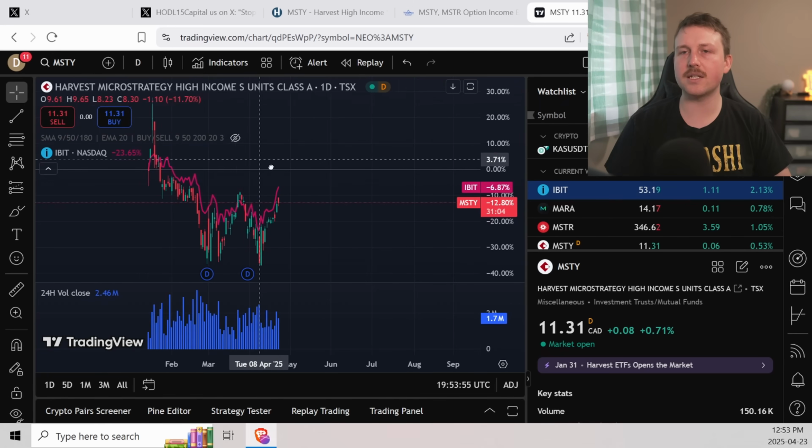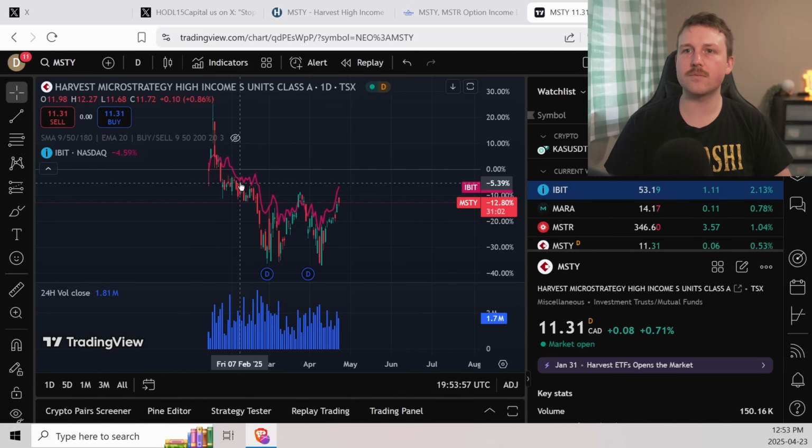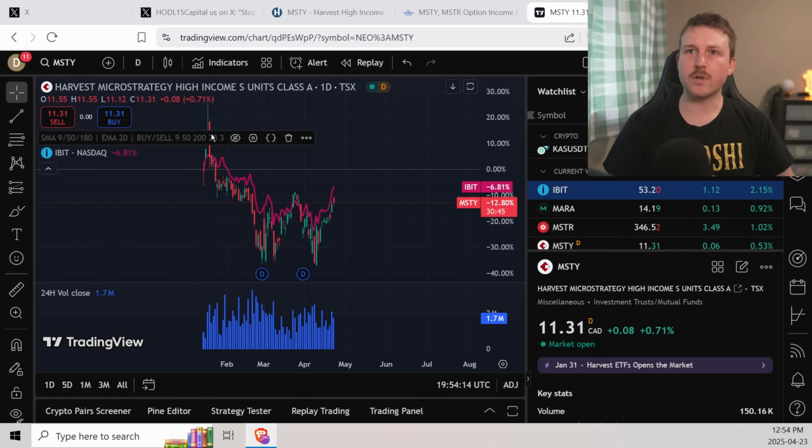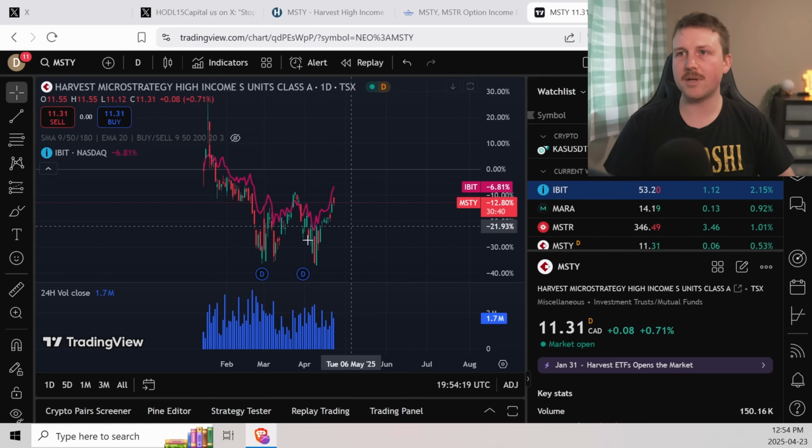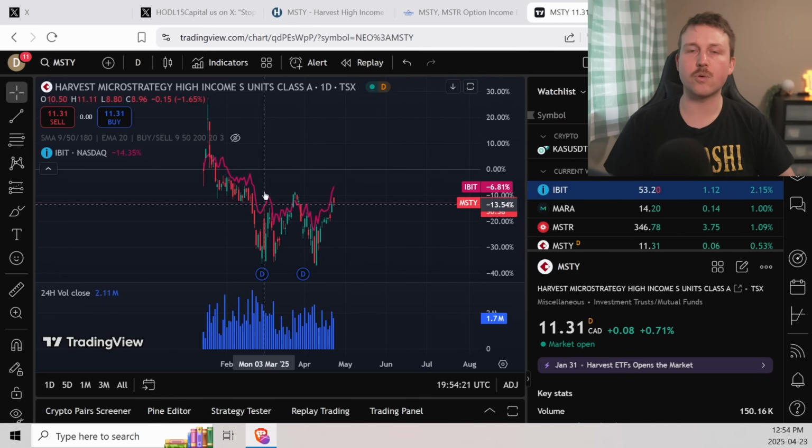I mean, that 8% yield that I talked about, that's not totally accurate, and that's for 2 months, so 4% per month. That's only accurate if you buy MSTY at exactly $10 per share. Then you're getting a 4% per month yield on that dividend. So it really depends when you bought it. If you bought it all the way up here, you're going to be paying like $14 a share. Then that isn't going to be 8%, and then that isn't going to outperform or perform in line with IBIT. But it's roughly around it with the distribution is what I'm seeing so far since inception.